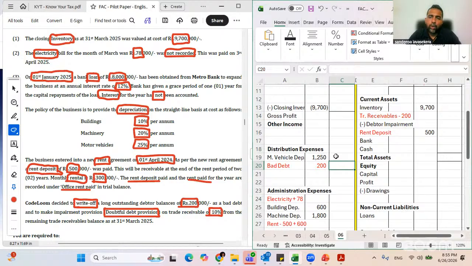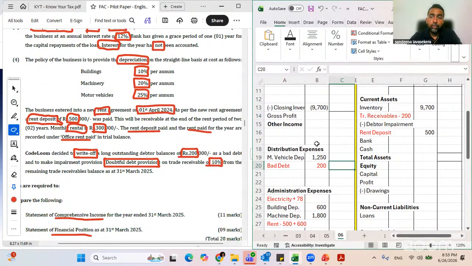From the debtors, I have to write off 200. Bad debt debit, debtor credit. Bad debt expense goes up, debtor comes down.